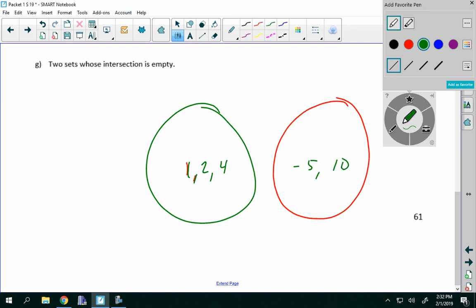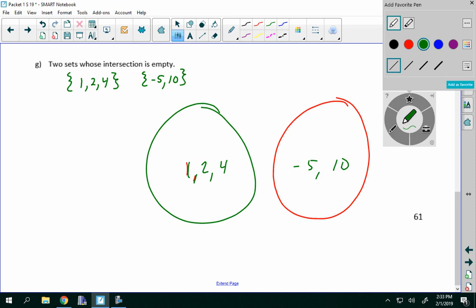Those two sets do not have any elements or numbers in common. To write two sets, remember you have to use your little curly braces. One set would be {1, 2, 4}, and your other set would be {-5, 10}.